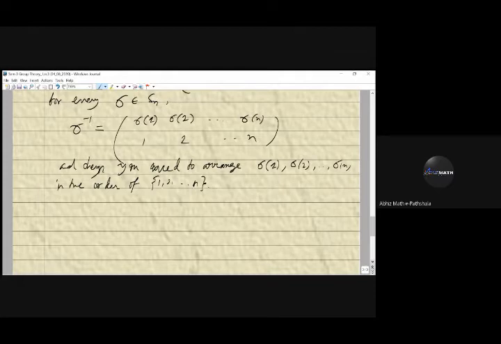Okay, that means suppose we consider S3, that is symmetric group of order 3, then we see that what are the elements of S3?